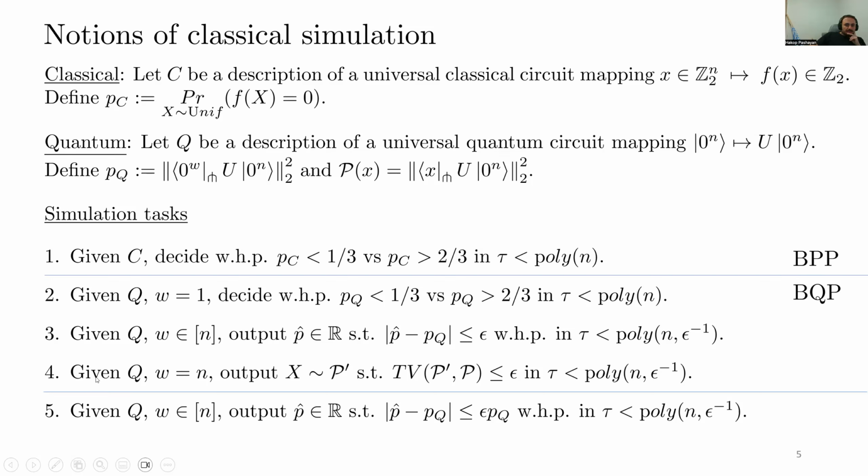Problem number 4 is a sampling type problem. So you're given a description of a quantum circuit, you measure all the qubits, and your job is to output a sample from a distribution that is epsilon close in total variation distance to the true quantum distribution.